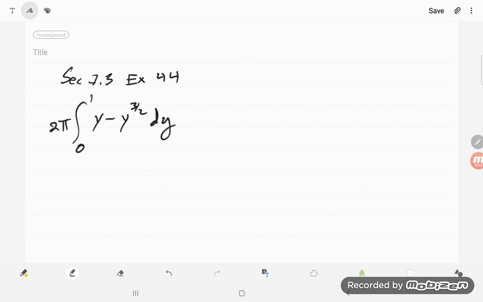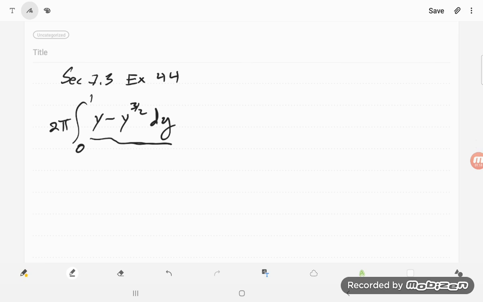Okay. A, well, I take my hint from this that they did something where x was a function of y, and so I have y minus y to the 3 halves.